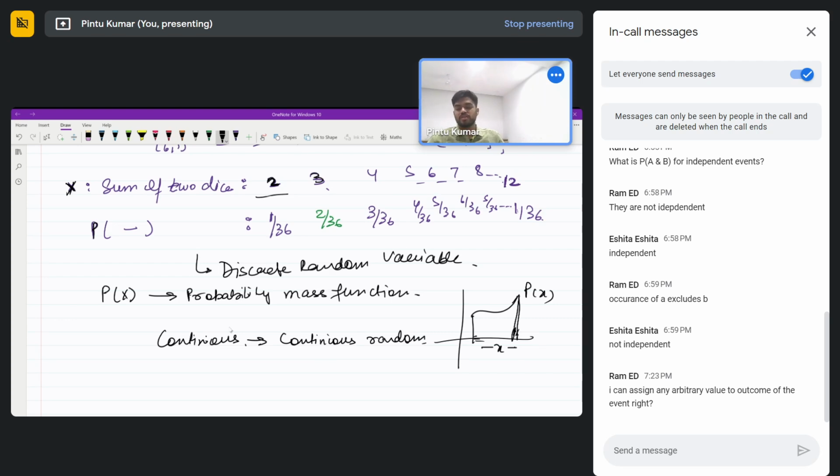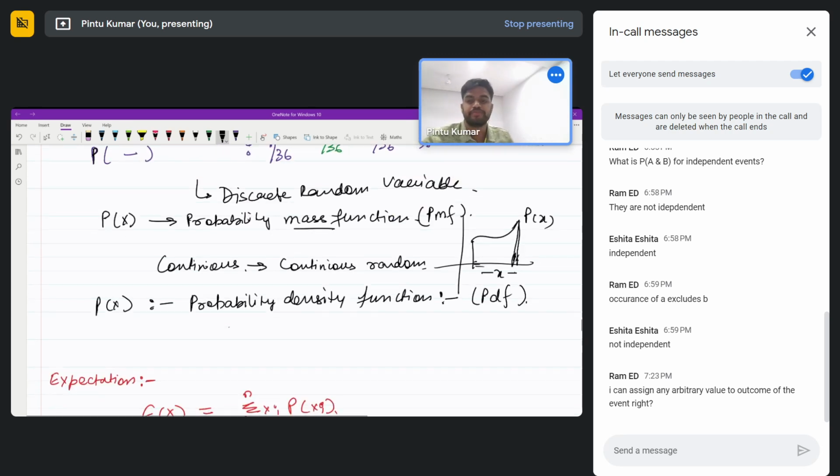And for them, the p of x that you define is not known as probability mass function, but probability density function. In short, you can call it PDF, and this is called PMF in short.